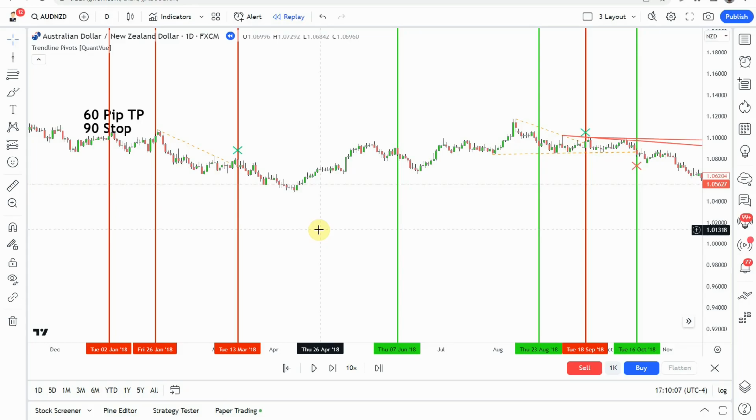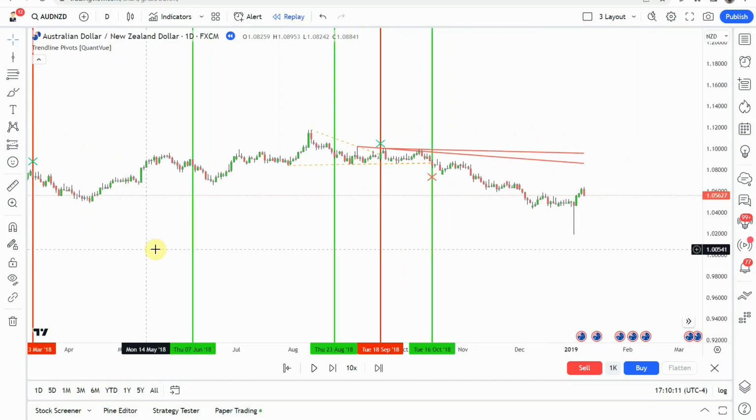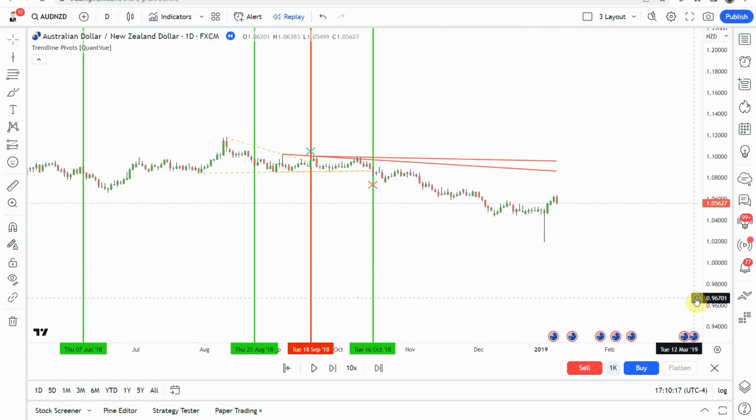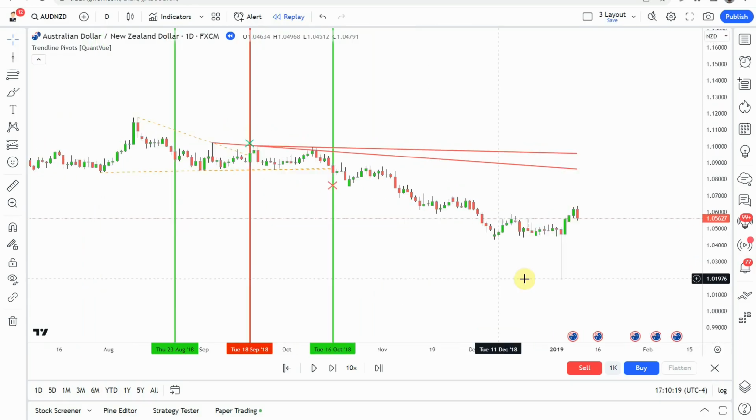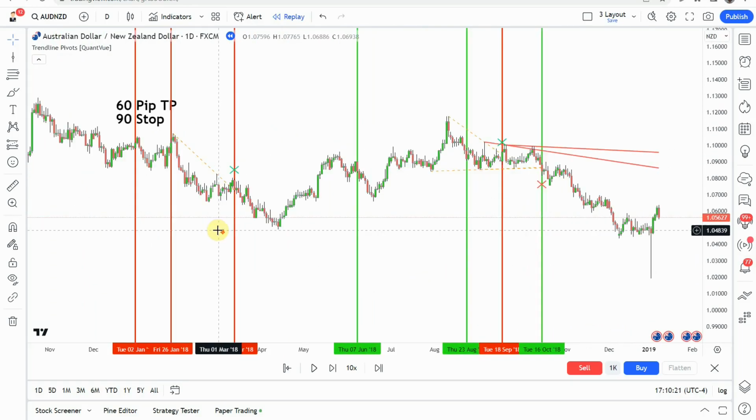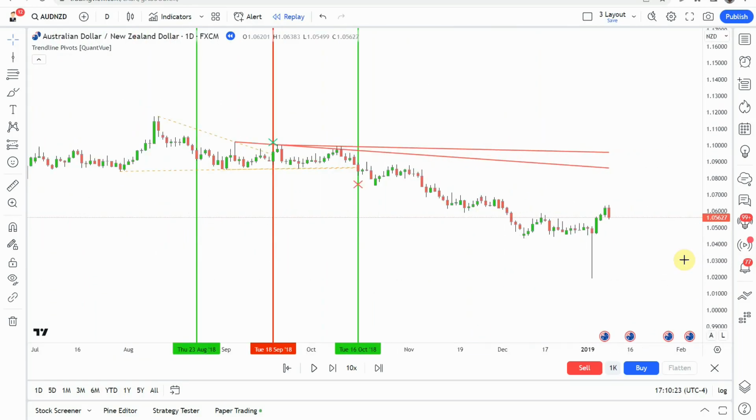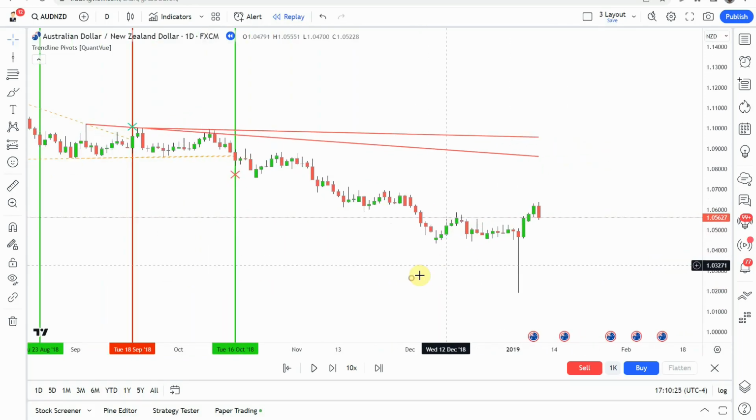And so maybe not using it for the X's for an entry and just using it as a general trend line designation might work a little bit better. So I think there is some justice to play around with this indicator some and see what you can get out of it.